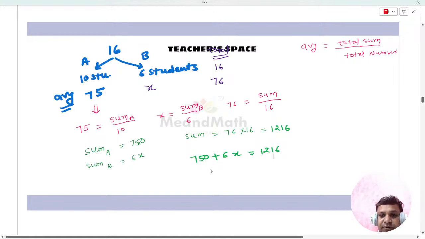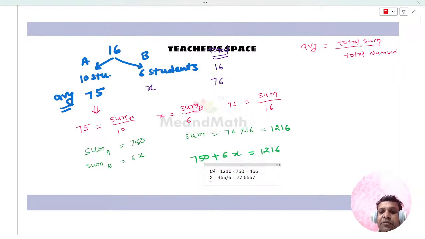So now 6x is equal to 1216 minus 750. This is equal to 466. Now from here you will get x is equal to 466 divided by 6, and this is 77.67.